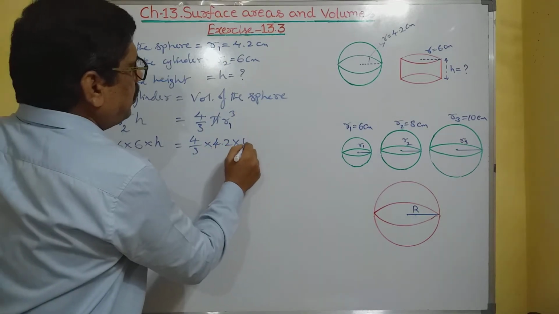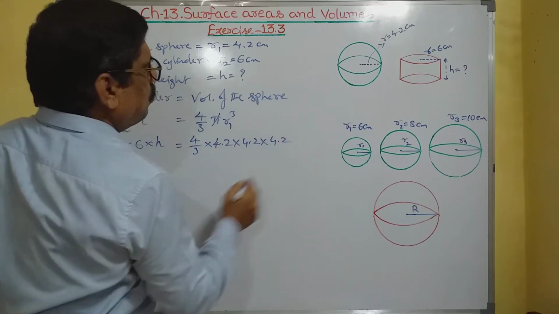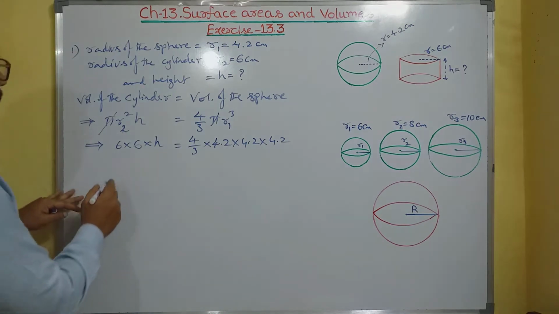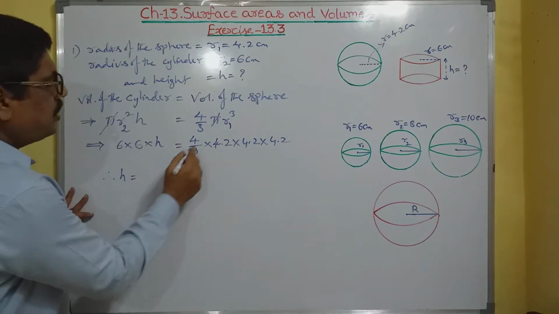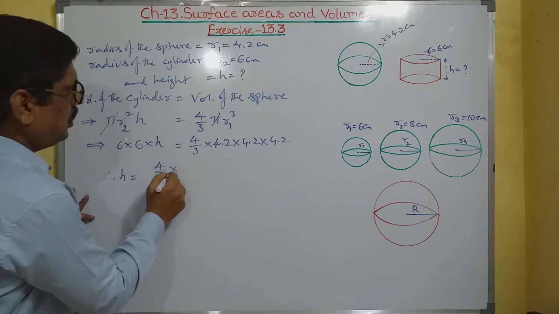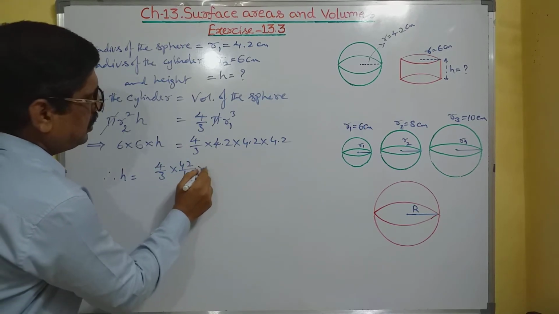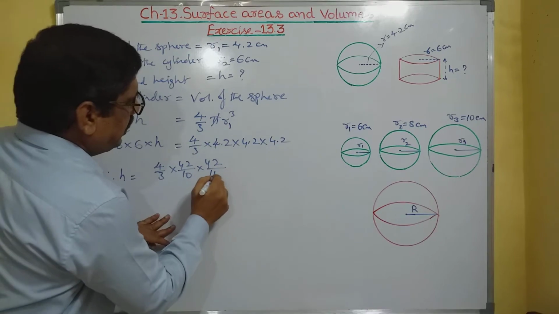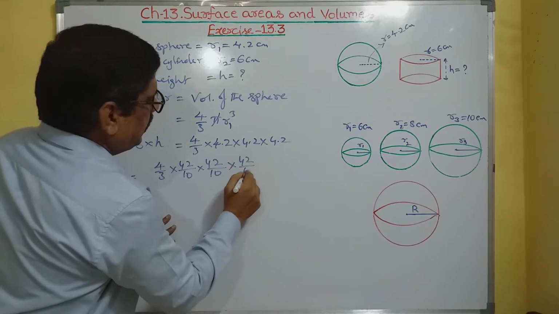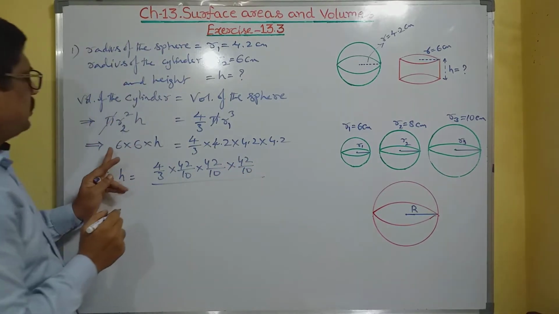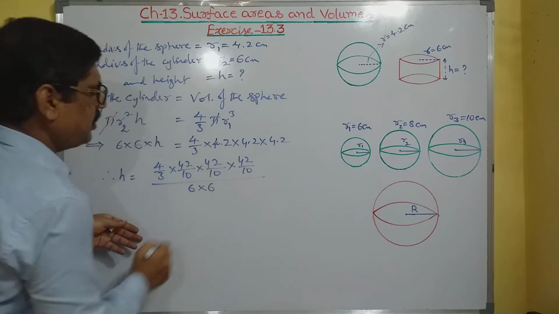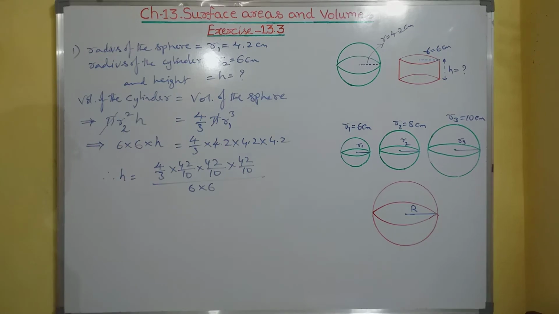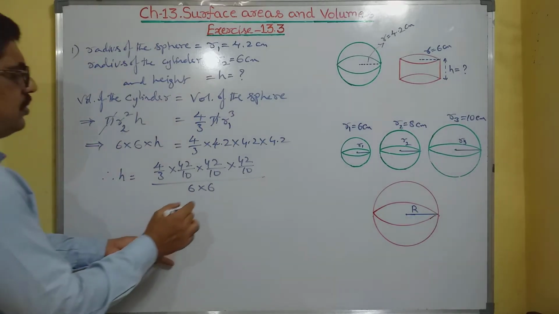So 4.2 into 4.2 into 4.2. Therefore, h is equal to 4 by 3 into 4.2, that is 42 by 10, written 3 times. The 6 into 6, if you move it to the RHS, will become divided by 6 into 6. Now let us simplify this.